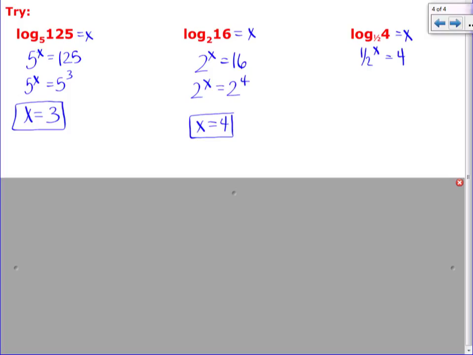Now we have to write them as base numbers. We've seen examples like this in the last couple of days, but how would you write this as a base number? 2 to the negative 1. But 2 is on the bottom, so to move it you have a negative exponent. And then we've got 2 squared over here. Simplify the exponent. Set the exponents equal. And then solve for x. We need to divide by negative 1 here.